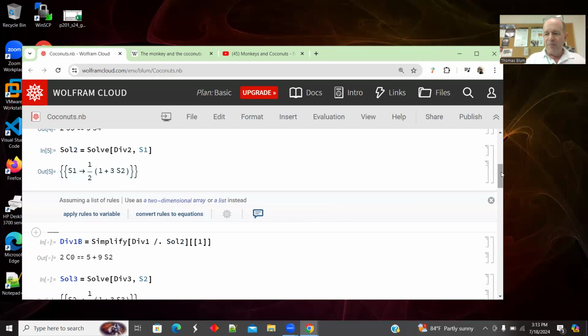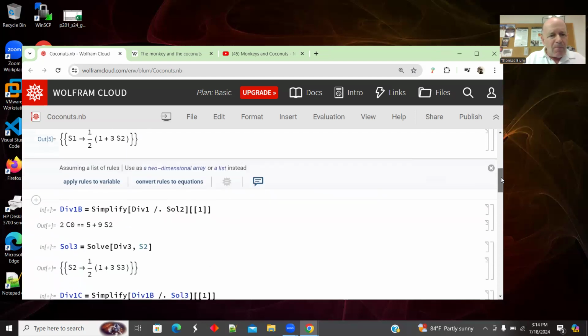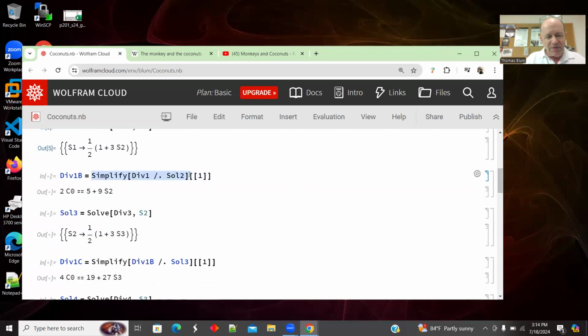And then I am going to substitute, that's what this slash dot is, back into the original division equation, div1. I'm going to substitute in my solution 2. So here is simplifying. So here's the substitution.